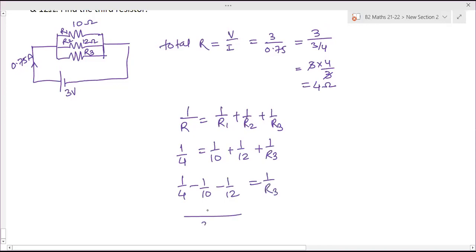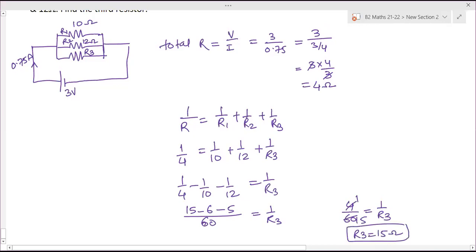LCM is 60. 15 minus 6 minus 5, which is 4 by 60, is equal to 1 by R3. So 1 by 15, R3 is equal to 15 ohms. Clear? Yes, ma'am, I got it.